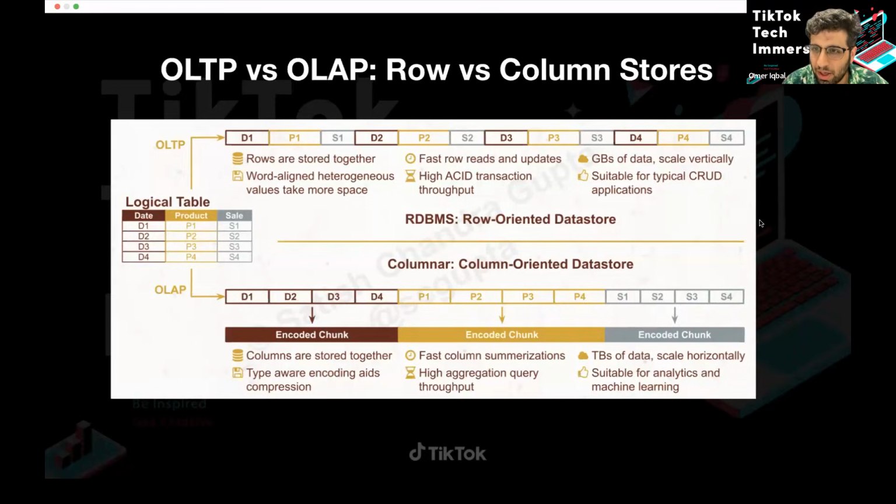And another quick question I got is, is OLTP the same as horizontal partitioning? Not at all, actually. These two, horizontal and vertical partitioning, are completely different things. I'll talk about these separately. Just to give you a brief idea right now, horizontal partitioning just means that you can add more machines to scale something horizontally.